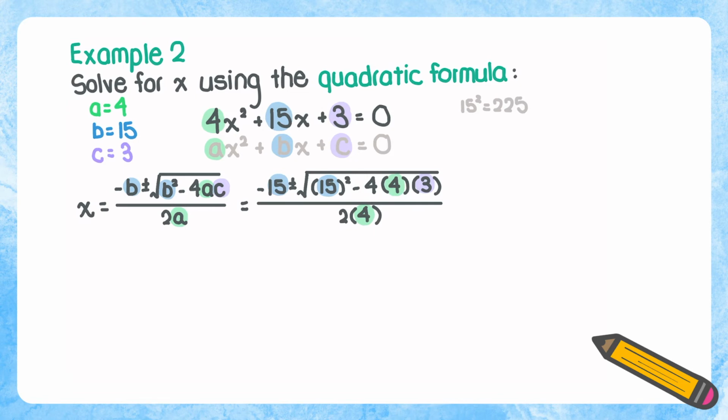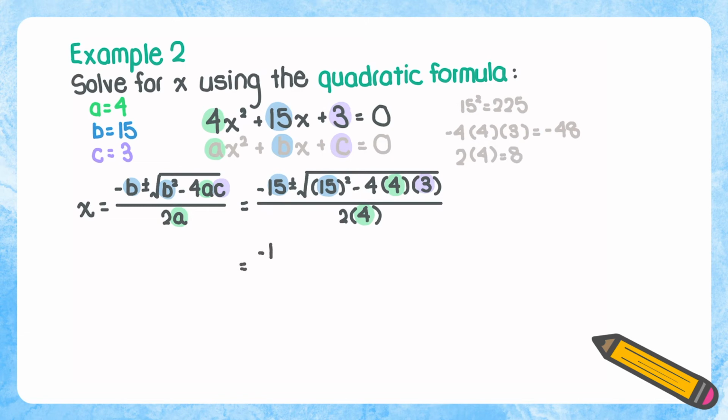And then negative 4 times 4 times 3 equals, let's see, what does it equal? Go ahead and use your calculator if you'd like. It equals negative 48. And also, looking at the denominator, 2 times 4 equals 8.